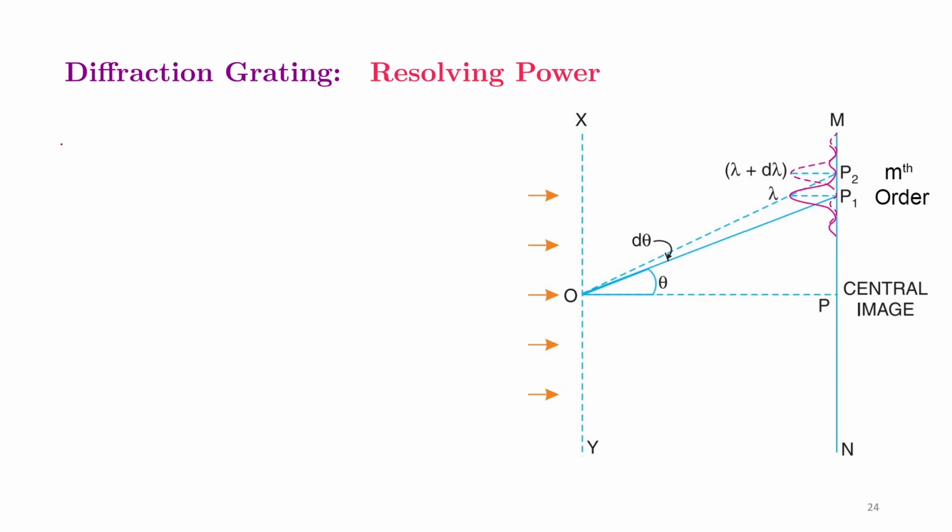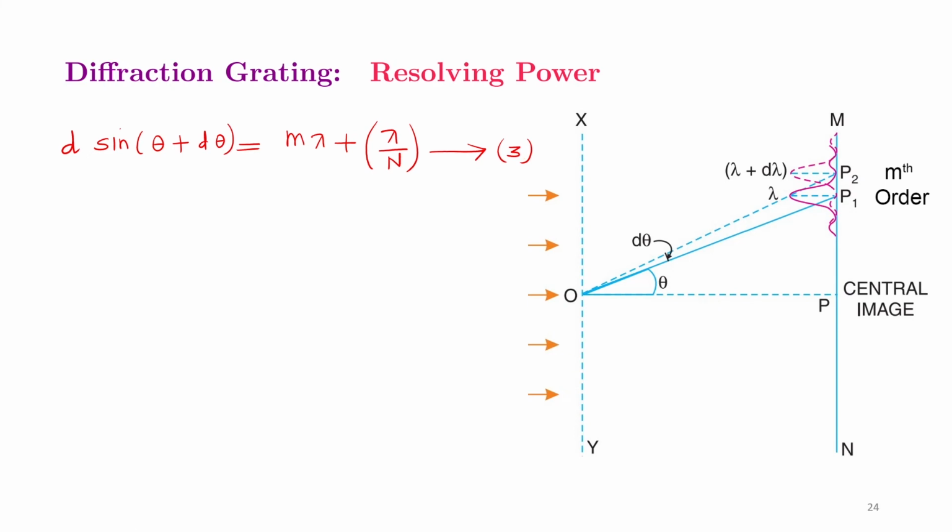That is, for the minima of lambda, we can write d sine(theta plus d theta) equal to m lambda plus the path difference lambda over n. Let this be equation number 3.